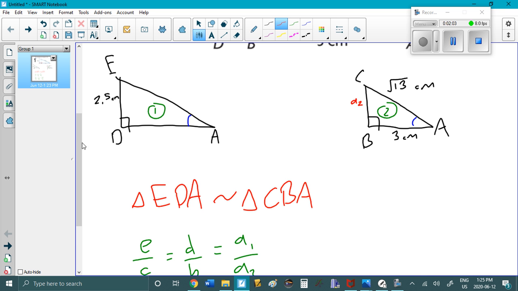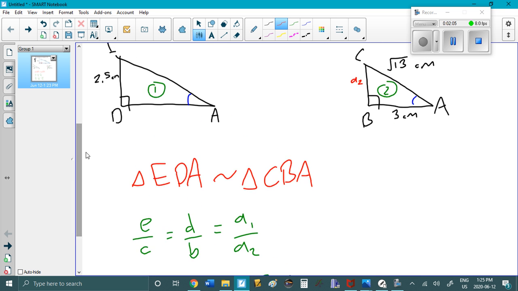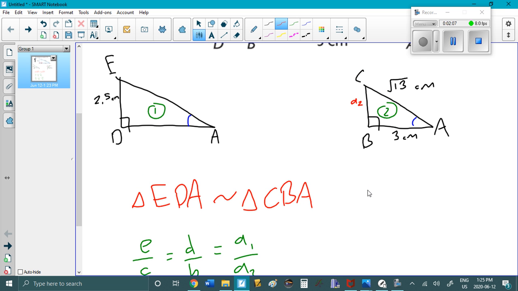If we are going to find side a2, we need to use the Pythagorean theorem. So a squared plus b squared equals c squared. We've got a squared plus 3 squared equals root 13 squared. I didn't call this a2 because I don't want a bunch of 2's, it'll get confusing.